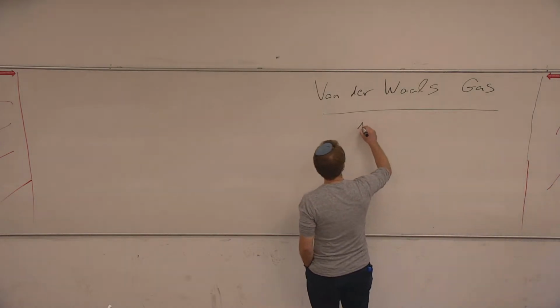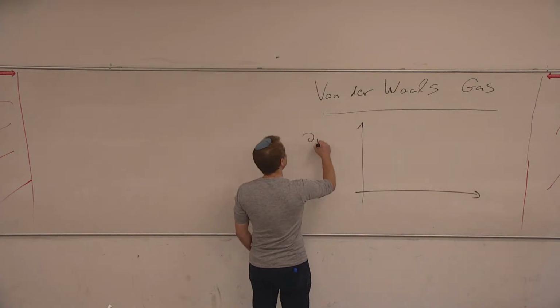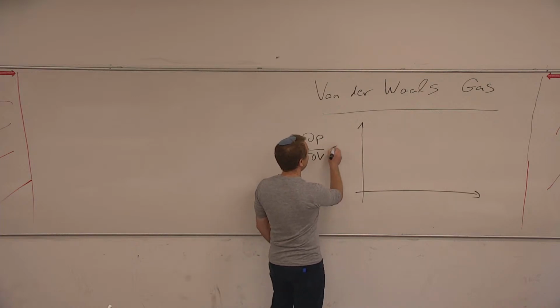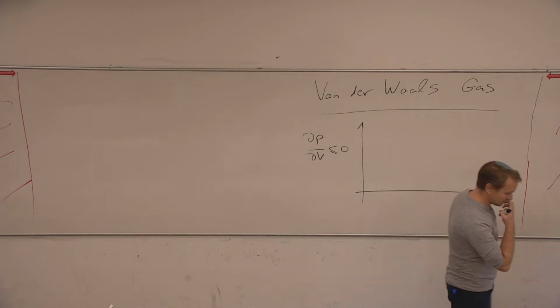We do know that dP/dV is less than 0 for any kind of description.